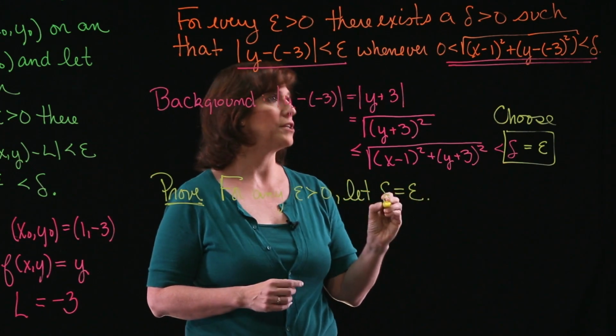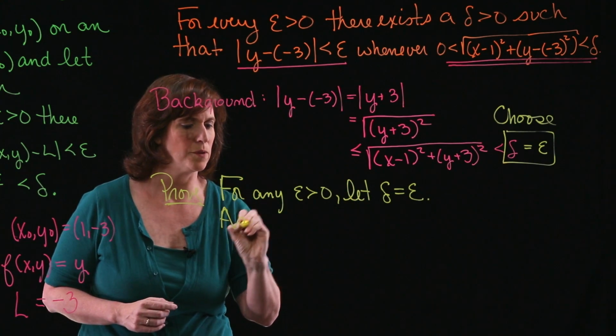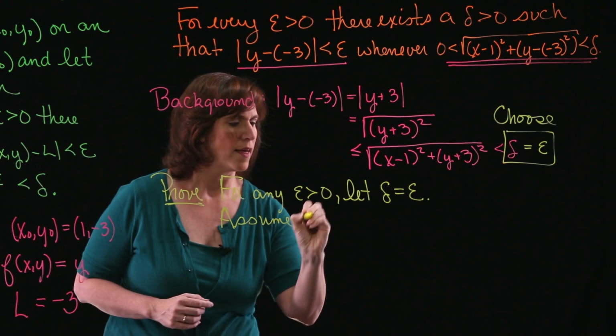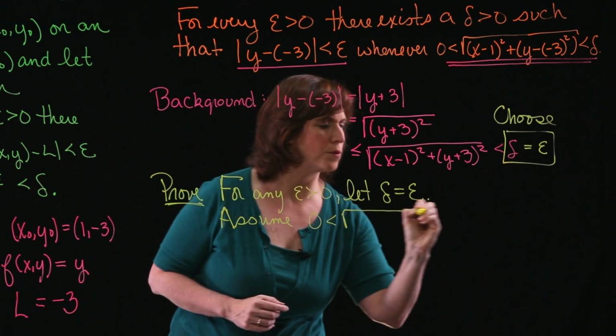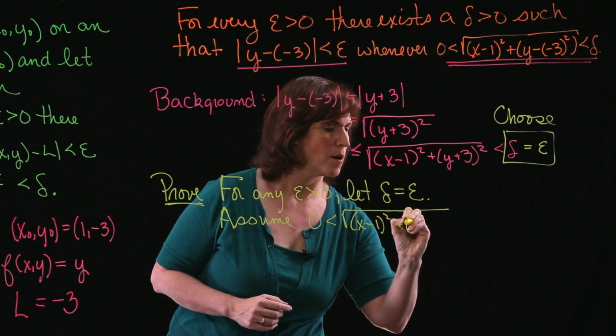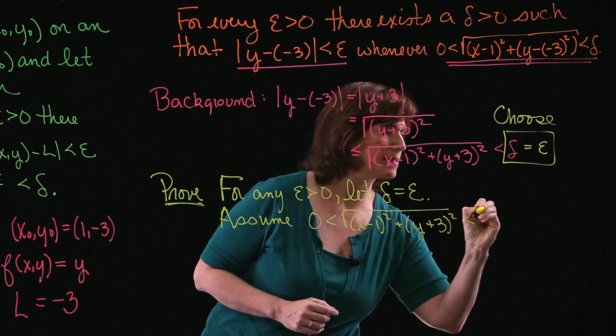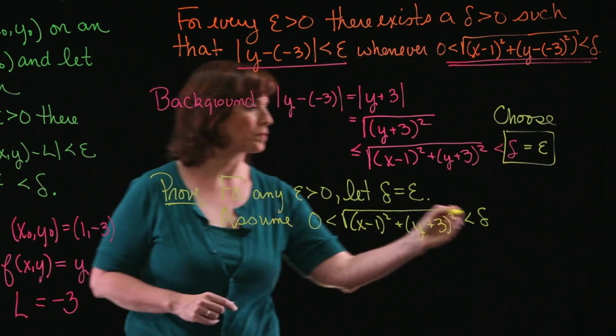And I'm also going to assume that the square root of (x minus 1) quantity squared plus (y plus 3) quantity squared is less than delta.